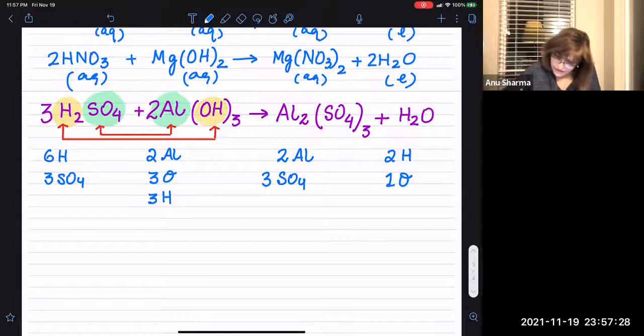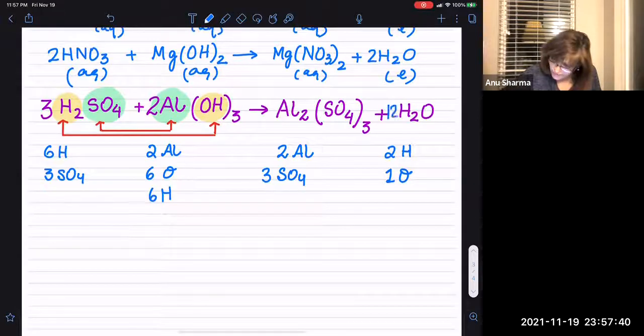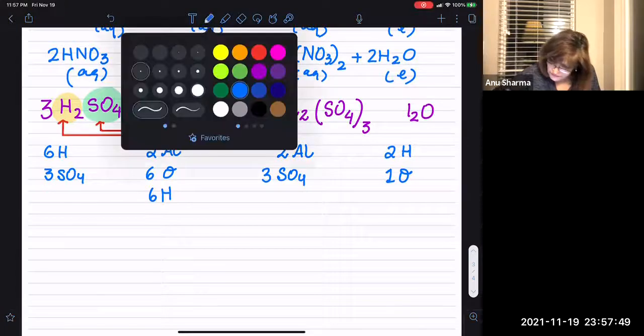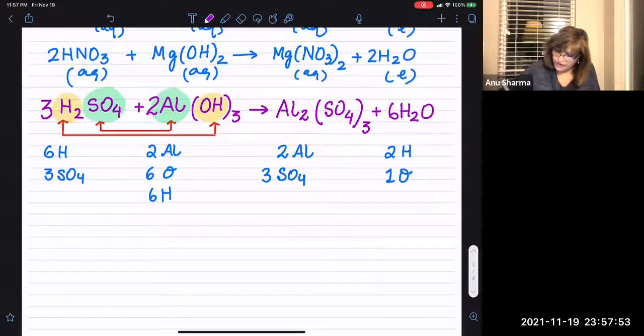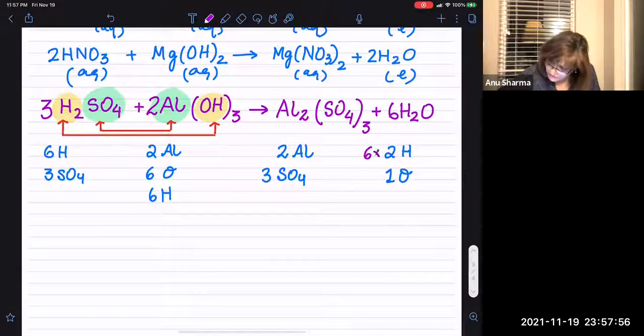So this becomes, sorry, this is my mistake here. This is 2 times 3, 6 oxygens and 6 hydrogens. So this becomes 12, okay? Plus 6 H2O. Okay, so this is 6 times 2, and 6 times 1.